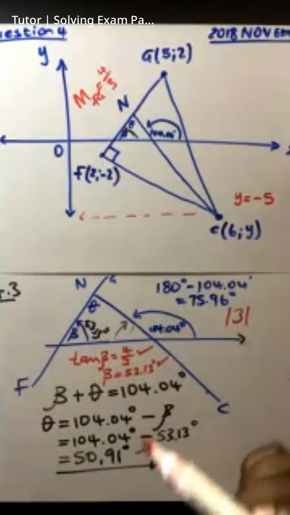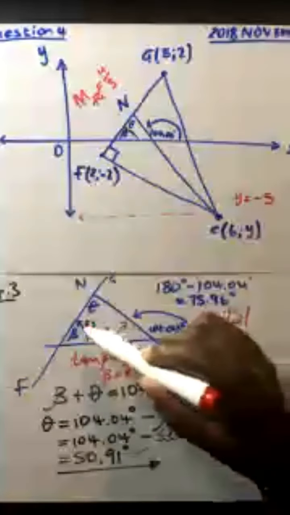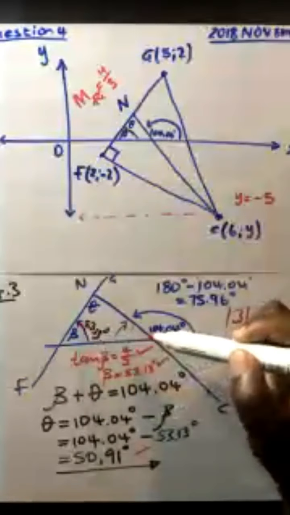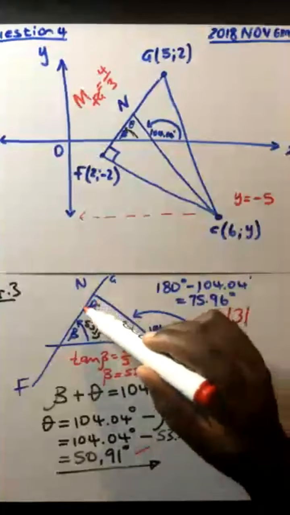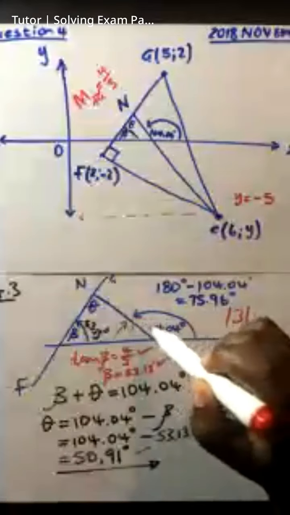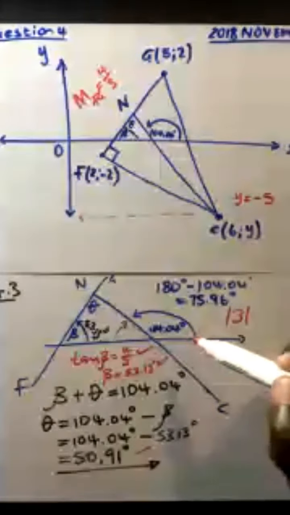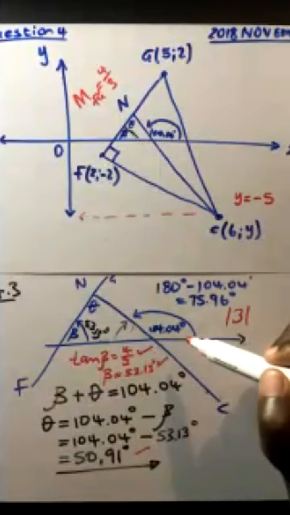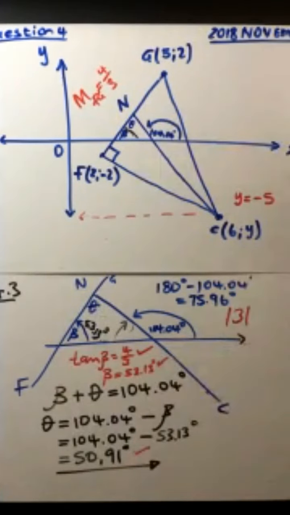So obviously, it's all about an understanding that if you can have that angle and that angle, you can easily find that angle using the rules. And again, when given this angle, you can still use whatever information in order to find that theta.